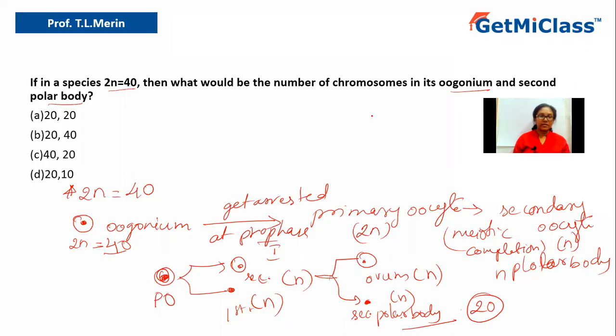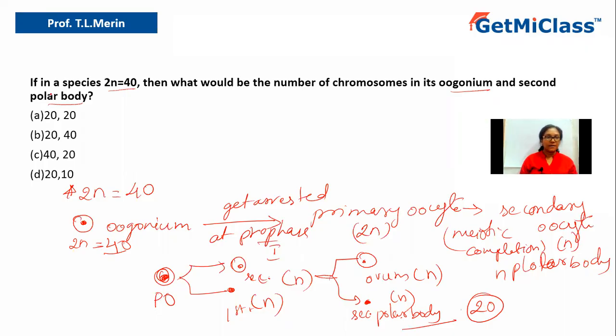So let us again look at the question. The question says, if in a species 2n is 40, then what would be the number of chromosomes in its oogonium? Oogonium is also 40 because it is diploid. And the second polar body, as you saw, is haploid, so it is 20 only.